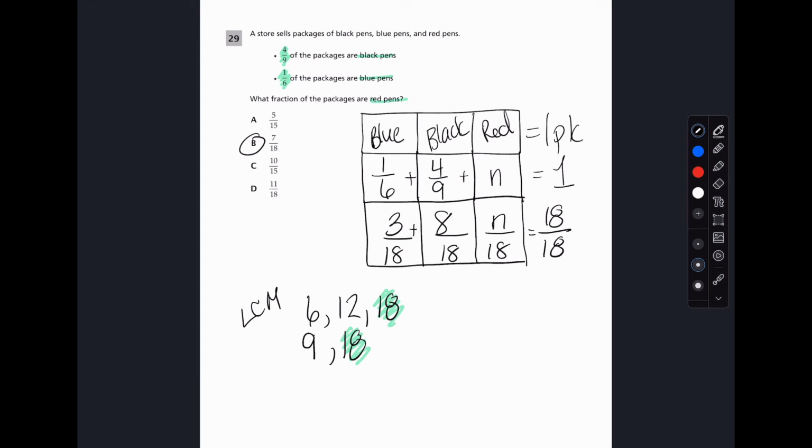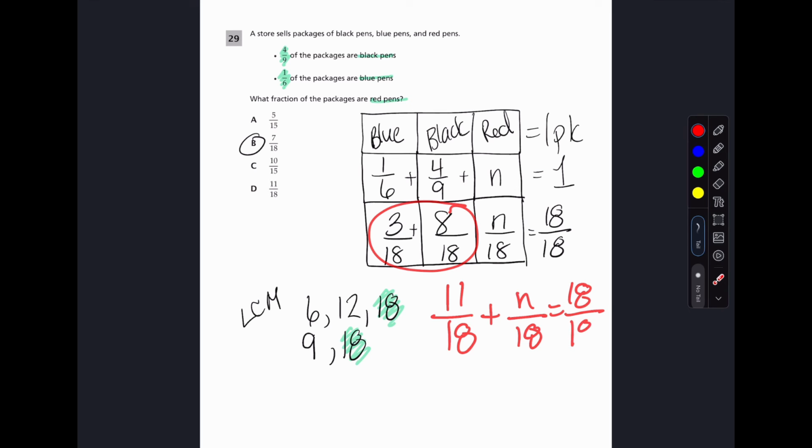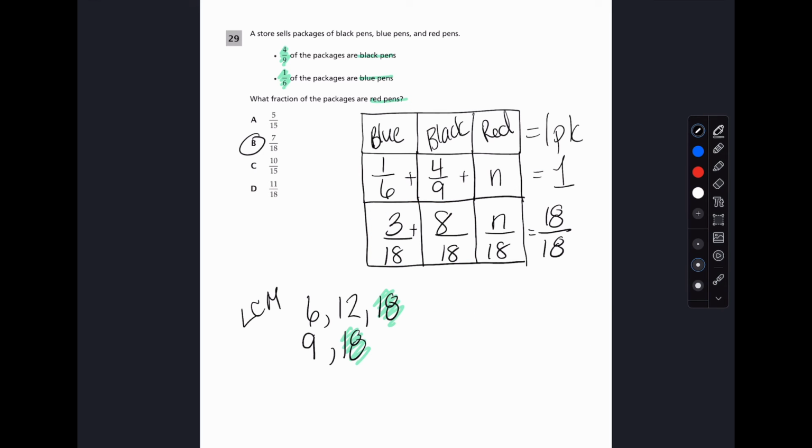Okay, so now you're probably thinking, well, if I add these two together, 3 plus 8 is 11. So how much more do you need to get to 18? And you're probably going, oh, it has to be 7. So your answer is 7 over 18 is red. And that's your choice right there.